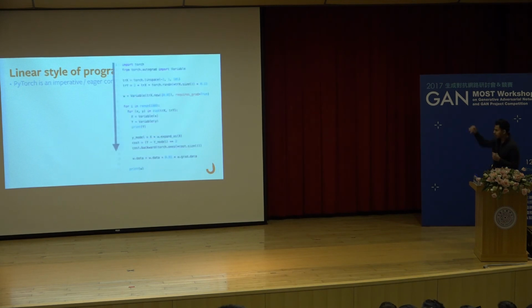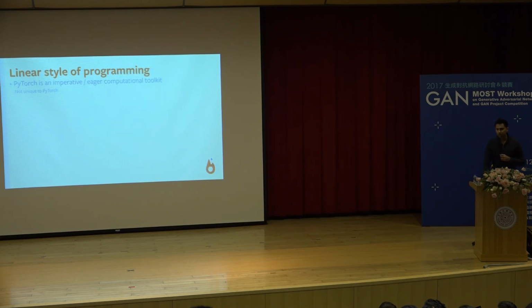The programming model of PyTorch is very suited for writing programs that flow linearly. It's not something that's unique to PyTorch, but it's the style of programming that we popularized. And PyTorch actually has one of the fastest implementations of such a programming model.